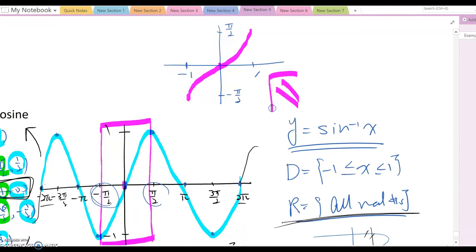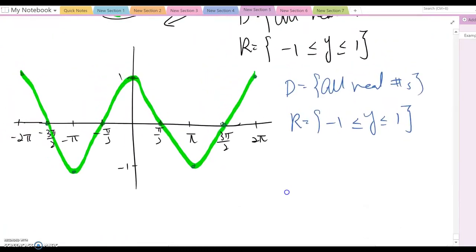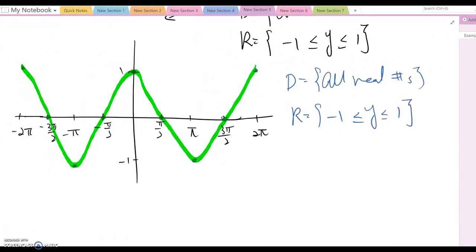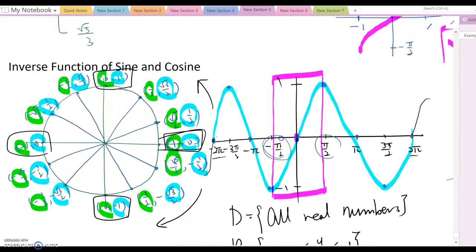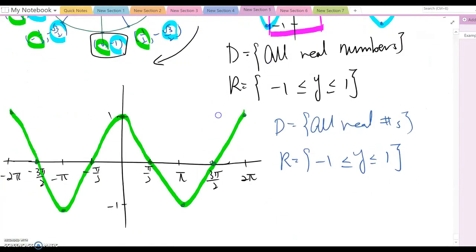Okay, now the cosine one. So I'm going to go down here again. In this case, of course, it may be better to choose the same interval as sine, but for sine we chose negative pi over 2 and pi over 2, right? But this time, if we choose that, what happens?